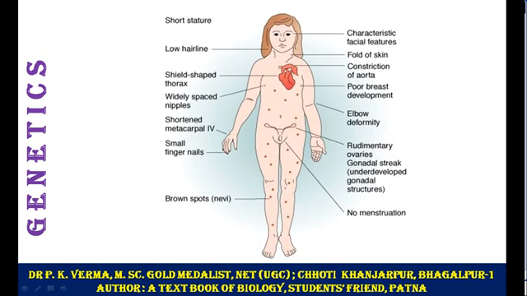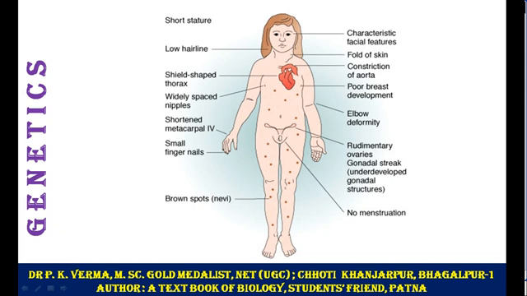Short stature, under 5 feet, characteristic facial features, low hairline, fold of skin in the neck, constriction of aorta, poor breast development, elbow deformity, rudimentary ovaries, gonadal streaks, malformation of the sex organs, there is no menstrual cycle.